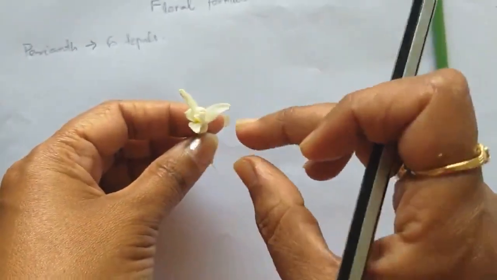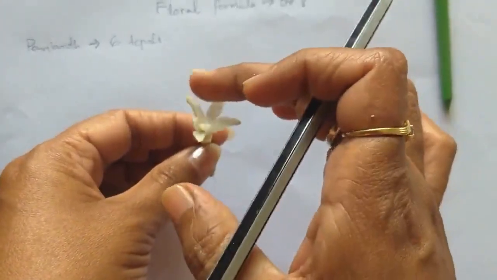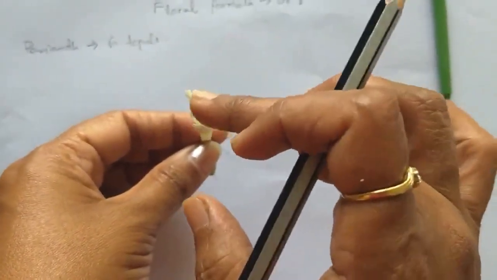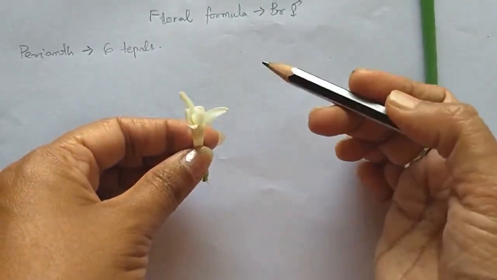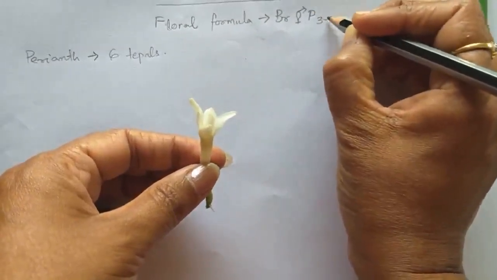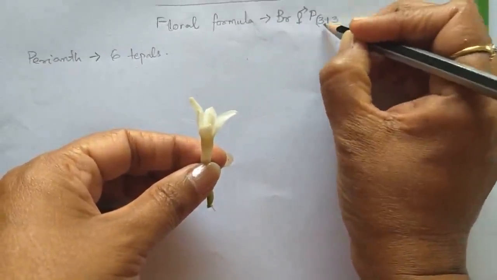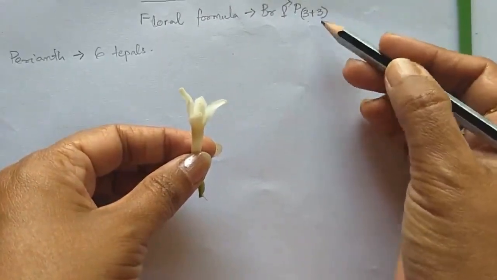The tepals are present in 2 whorls: 3 remain towards the outer side and 3 remain towards the inner side. So this is 3 plus 3. The perianth has the tepals 3 outside, 3 inside, forming a tube.